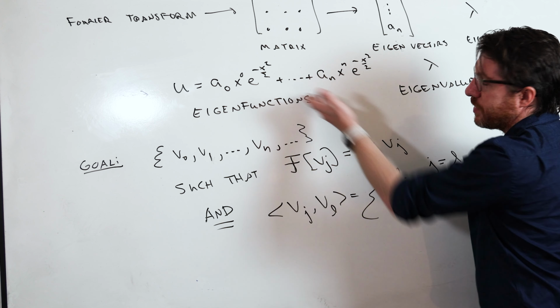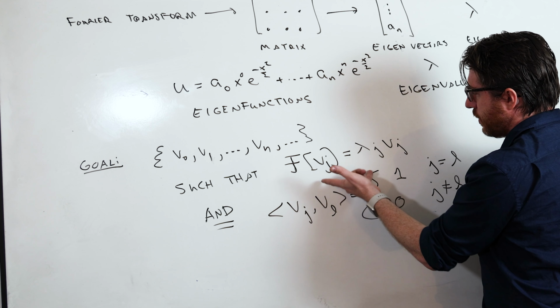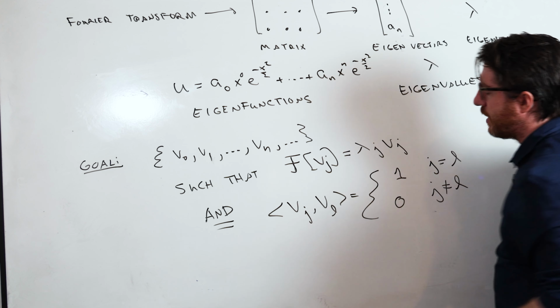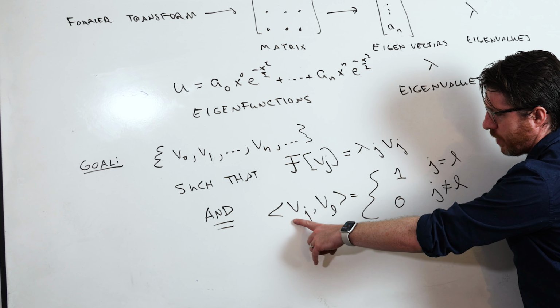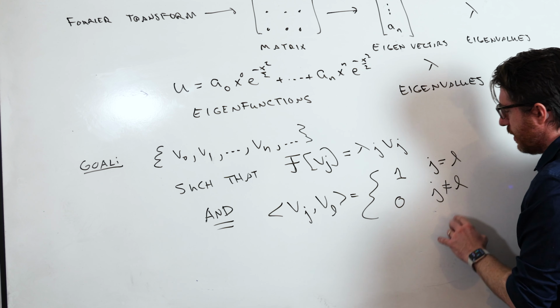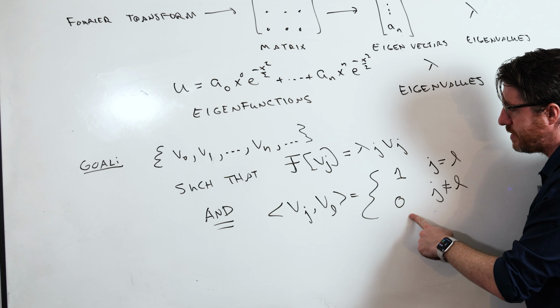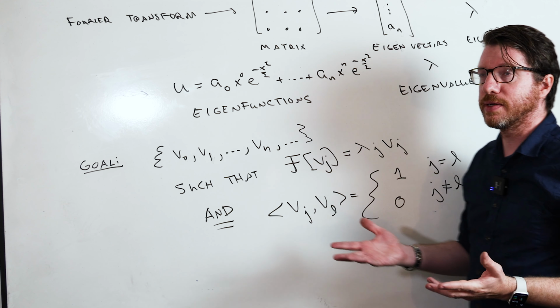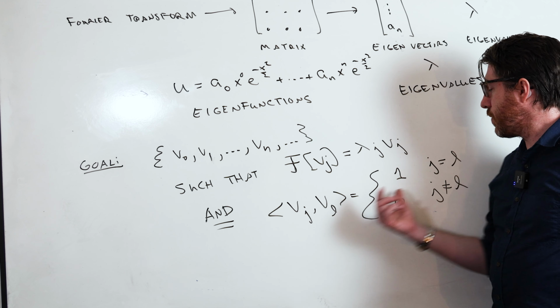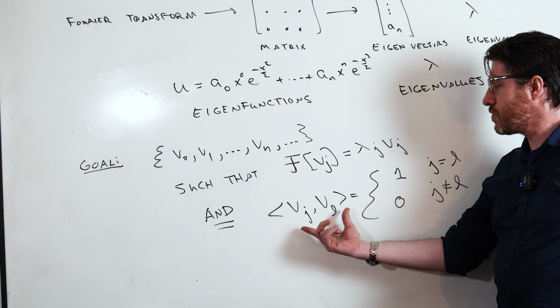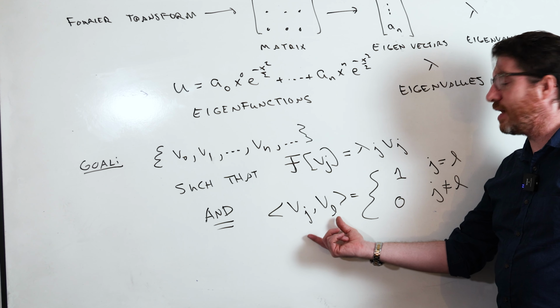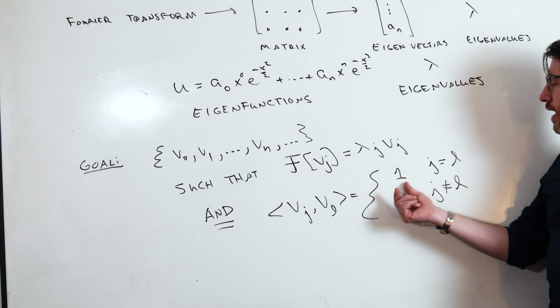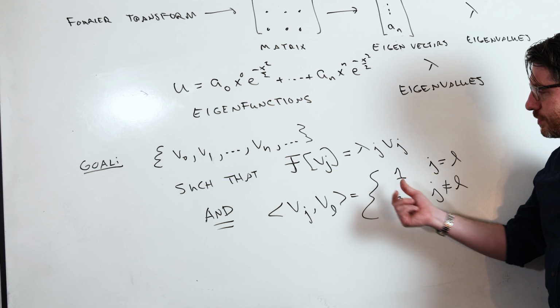That's something we already have with these u's, but we want not only this, but also pairwise orthogonality. So if I take the inner product between v_j and v_l, if j is not equal to l, I want this to be 0. I want them to be at 90 degrees to each other with respect to our new inner product. But I also want them to be normalized. So if l and j agree, then I want that to give us 1.